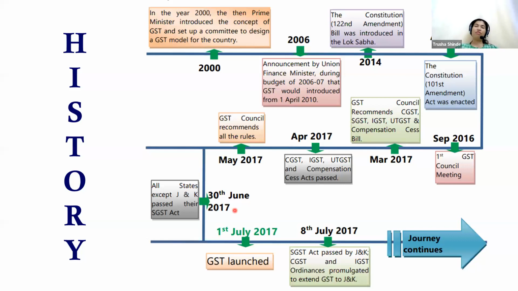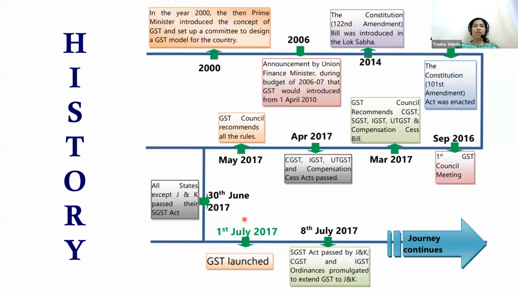But then on 1st July 2017, GST was actually launched. It was processed and started. And after a week, they realized that the CGST and SGST Acts should be extended to Jammu and Kashmir also.